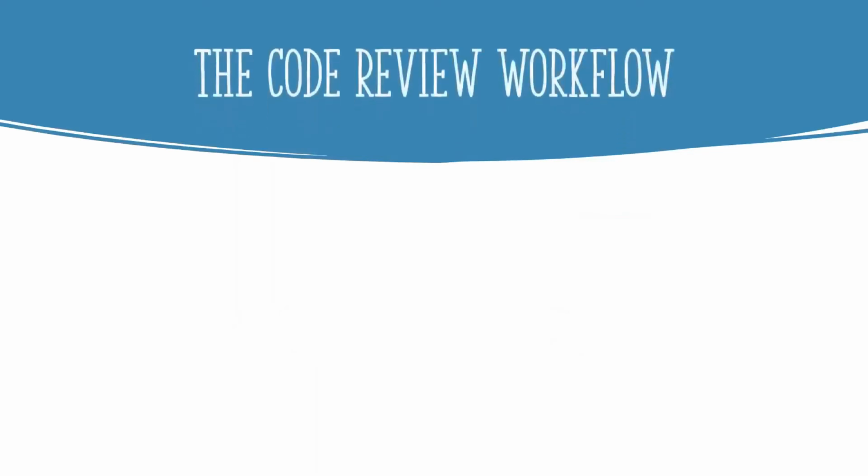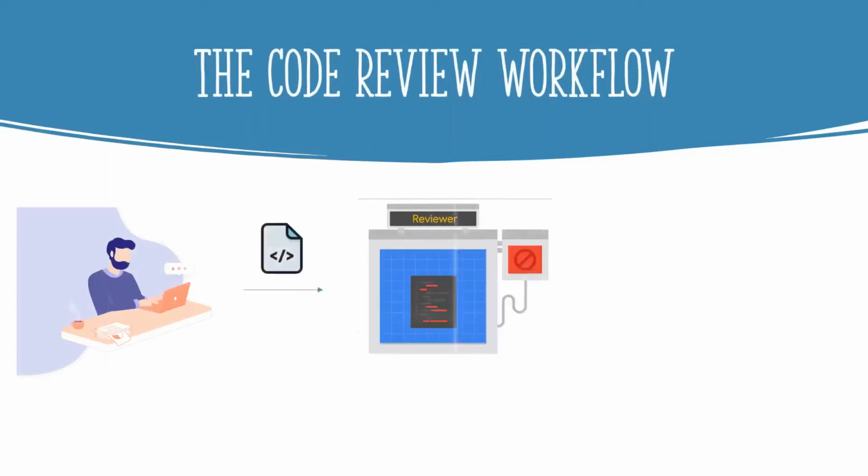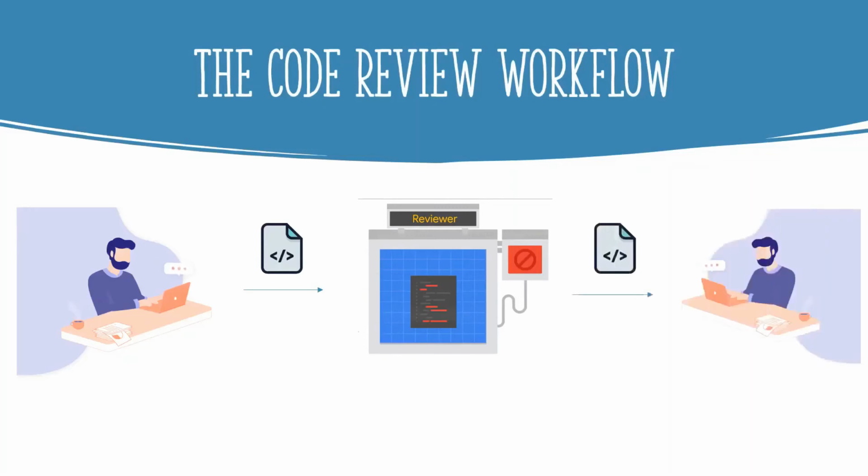Let us now look at a code review workflow and we'll check out a typical code review using a reviewing tool. Imagine that we've just finished a bunch of code changes. Now we'll ask a reviewer to look at our code. The reviewer might say that everything is okay and our changes are approved, but usually they'll find something that needs improving. So they'll add comments to our changes explaining what needs to be fixed and how. When we get the review comments, we'll address them by fixing typos, adding any missing tests, and so on.